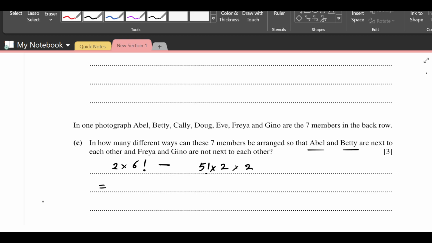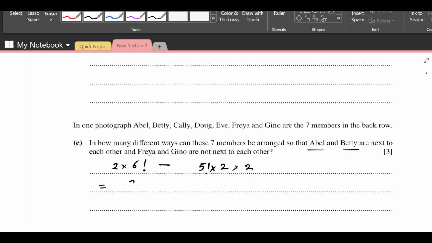So this is 2 times 6 factorial minus 4 times 5 factorial, where 5 factorial is 120.